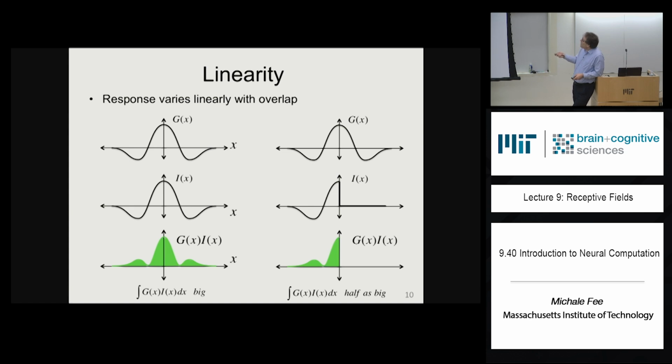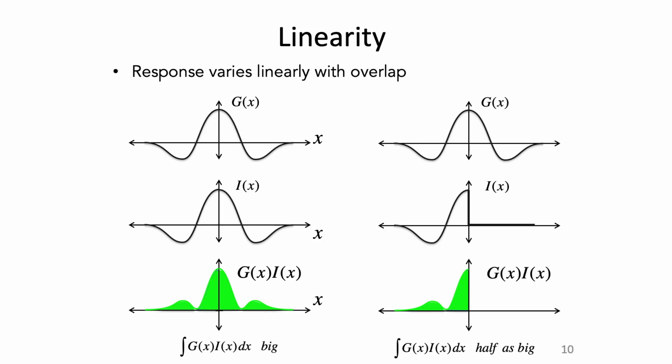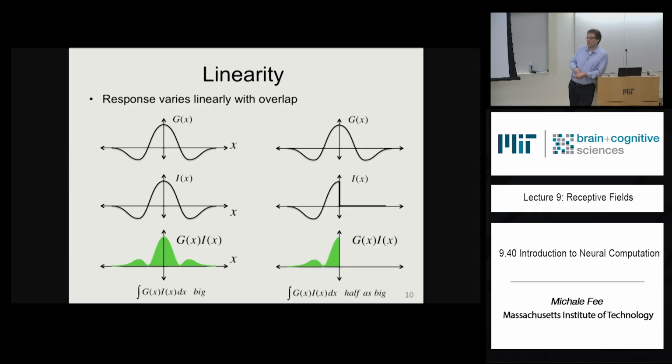If you take the stimulus and cut it in half so that you only apply light and dark to half the receptive field, then you'll also get half the response of the neuron, because this will contribute to the integral and this won't, and so you'll get a neural response that's half as big. So in this model, the response varies linearly with this overlap of the receptive field and the intensity. Okay? So that's where the term linear comes from. All right? Any question about that? Correlation is a linear operation.